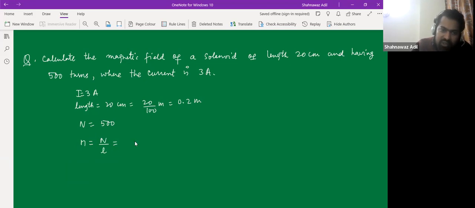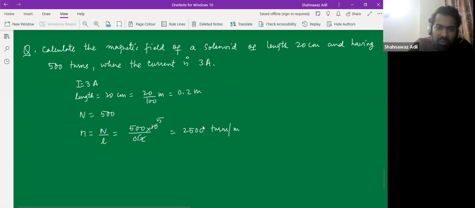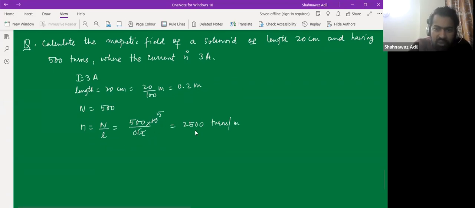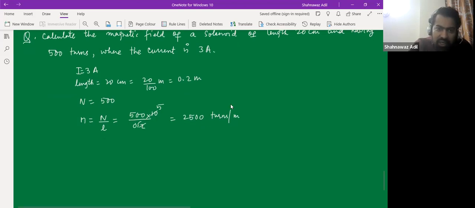This is 500 divided by 0.2, which is 2500 turns per meter.